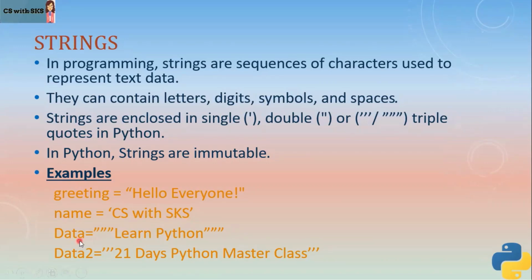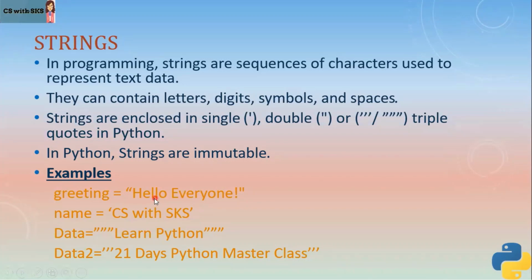Next, data is equal to '''Learn Python''', which is enclosed in triple quotes. Next, data2 is equal to triple quotes with single quote, '''21 days Python masterclass'''.